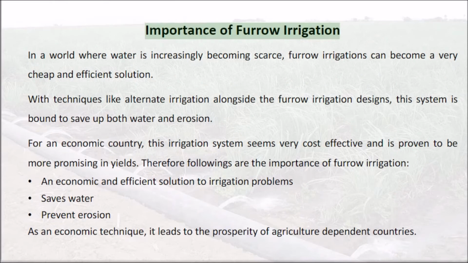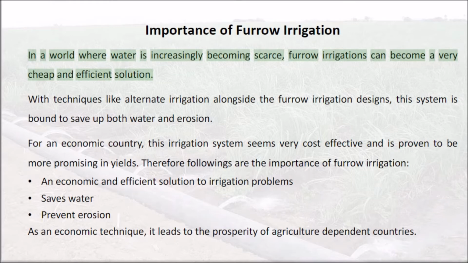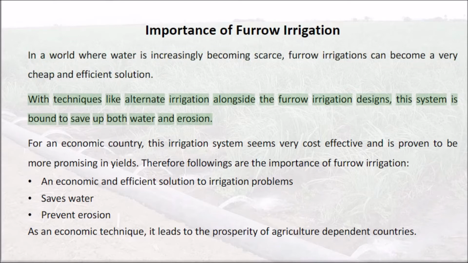Importance of furrow irrigation. In a world where water is increasingly becoming scarce, furrow irrigation can become a very cheap and efficient solution. With techniques like alternate irrigation alongside the furrow irrigation designs, this system is bound to save both water and erosion.